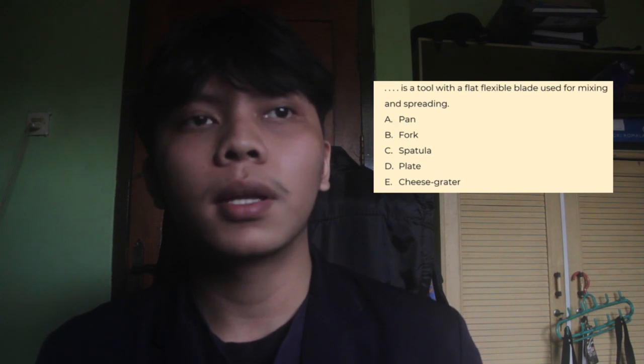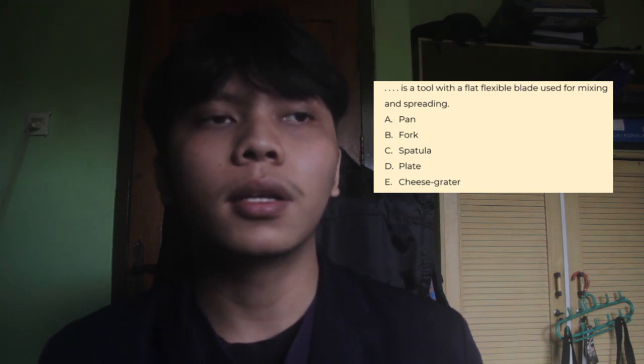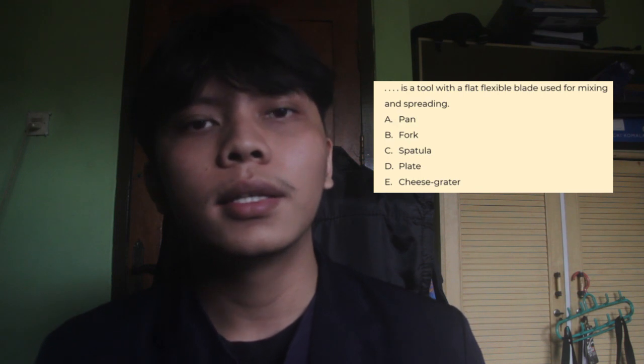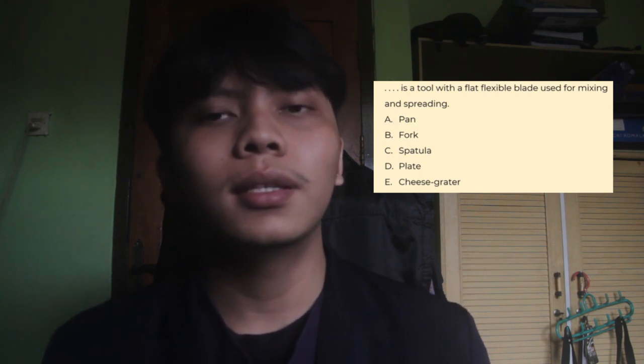Okay, and for the next question: what is a tool with a flat flexible blade used for mixing and spreading? A. Pan. B. Fork. C. Spatula. D. Plate. E. Cheese grater.